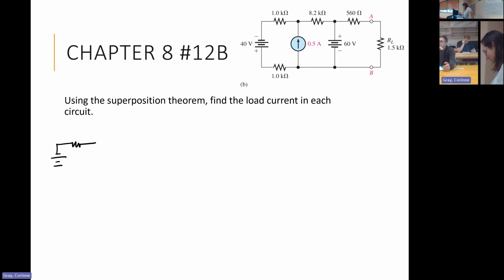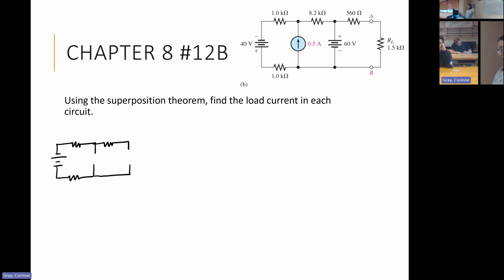I don't ever change the resistors with superposition. So what am I going to do here for my current source? I'm just going to leave it open. Right, current sources we just pull out, and then I need to redraw the rest here. What do I do with my battery?